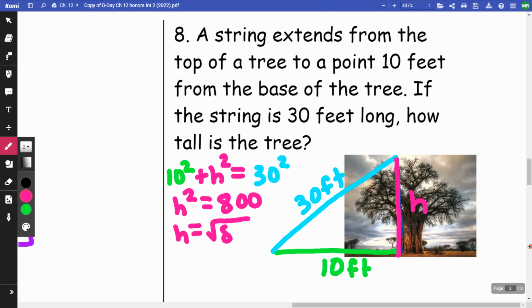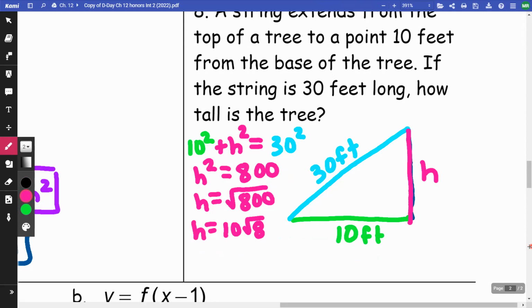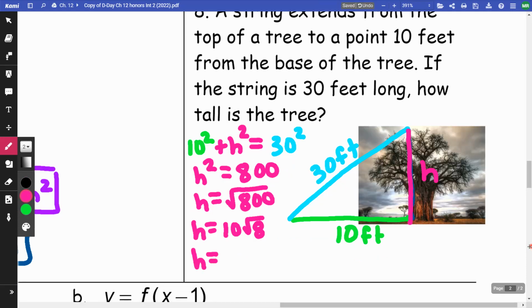When I take the square root of 800, if I want to keep it exact, the square root of 800 has a 100 in it. So that would be 10 root 8, but it also has a 4 in it that can come out. And so that would be 20 root 2.